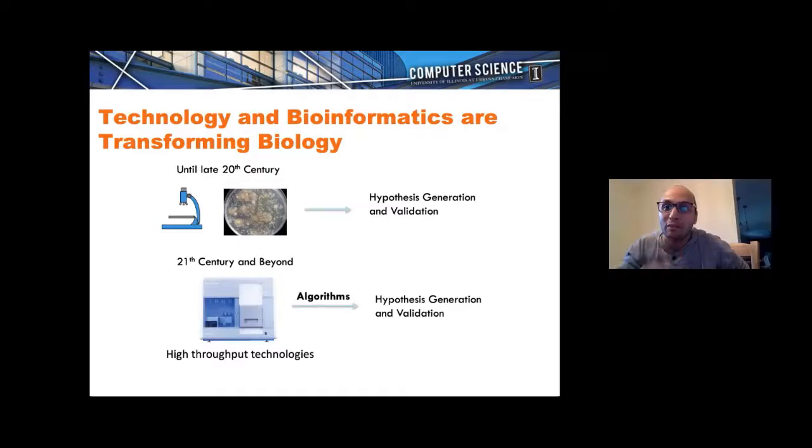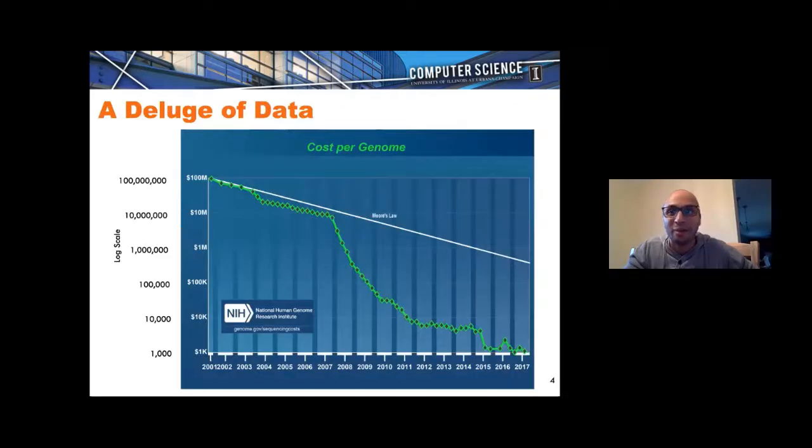From knowing those differences, you can start generating hypotheses and validate them. So it's completely turned upside down. Now it's really top down. And in order to do this, you need computer science, because there's lots of data that you have to interpret and analyze.